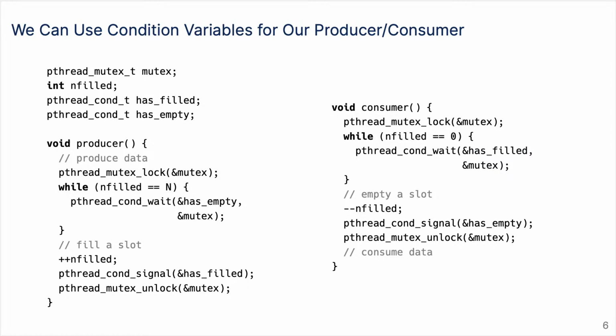And then I would empty a slot whenever I'm woken up, then subtract from the number of filled slots because I just emptied one slot, and then I would signal any thread that is waiting on an empty slot. And then unlock the mutex. So does this kind of make sense, that this would work and do the same thing?